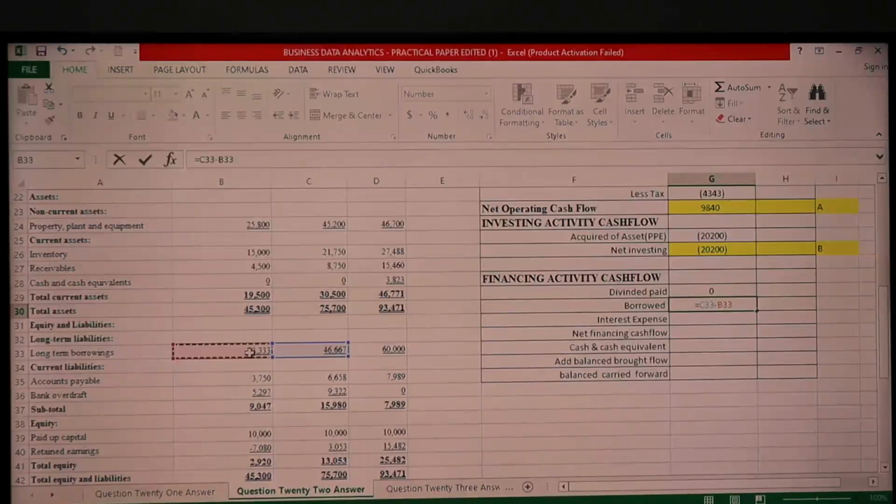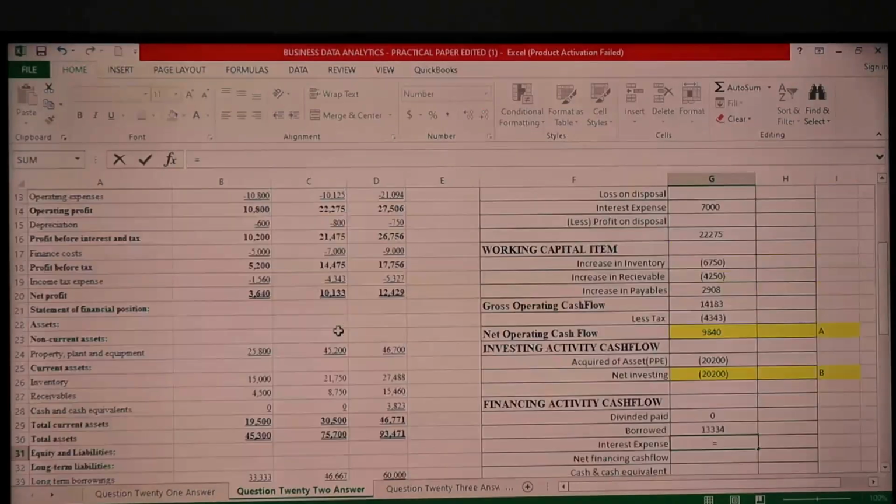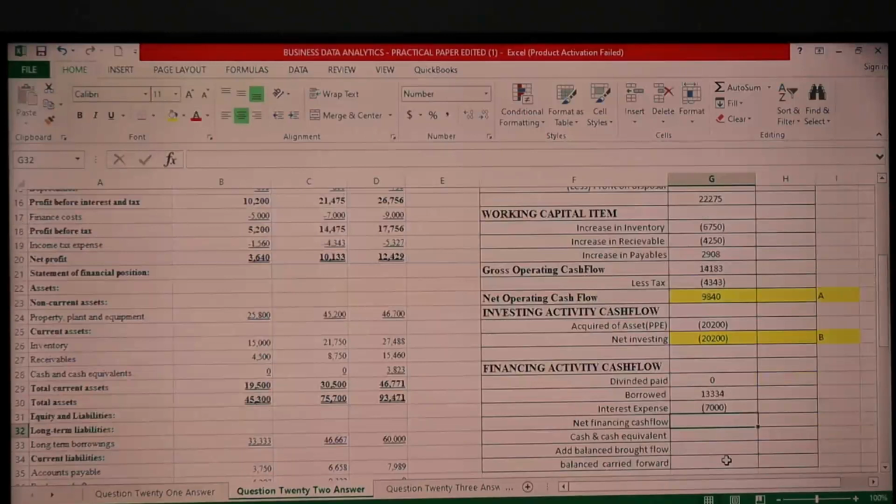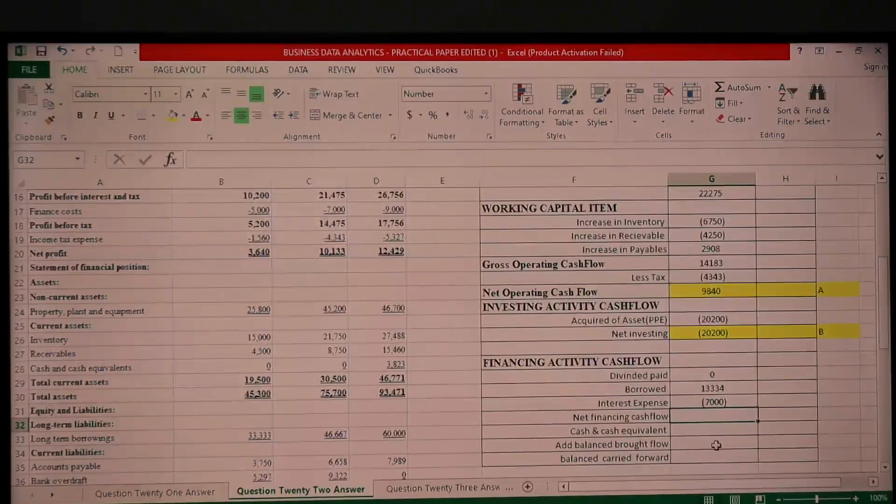So far we have the interest expense. Initially we added, now we are going to pick that interest expense. We are reducing now here under the financing activity. So just pick that value there so that we can now compute the net financing cash flow.